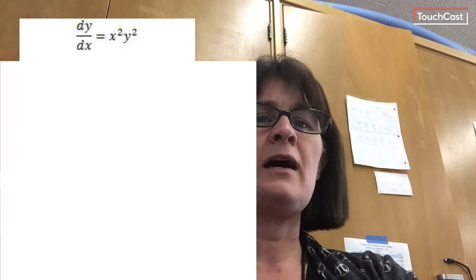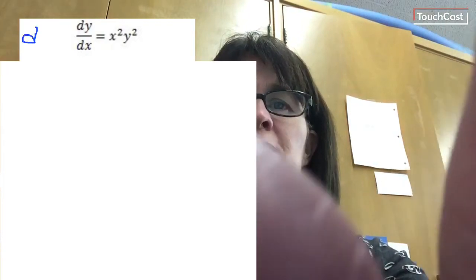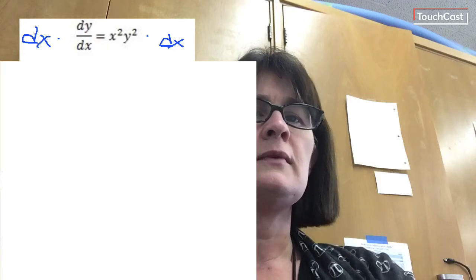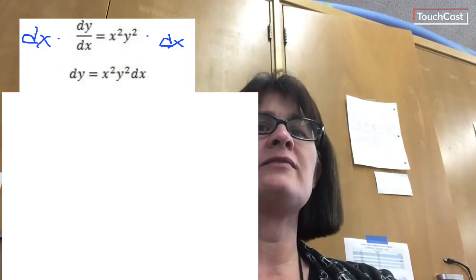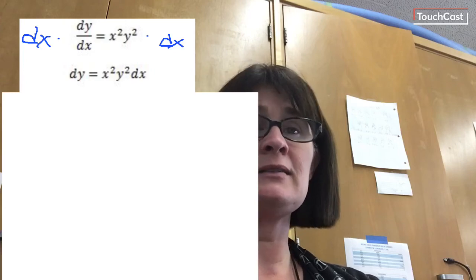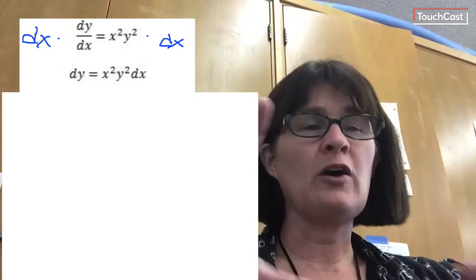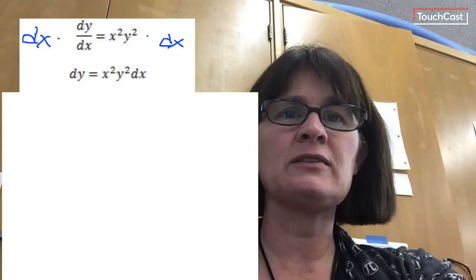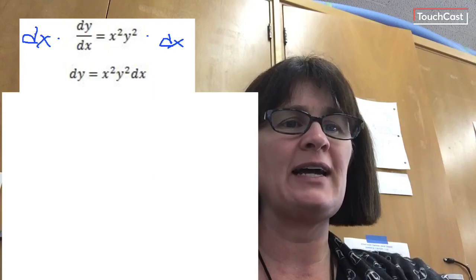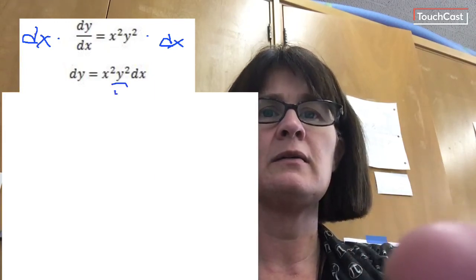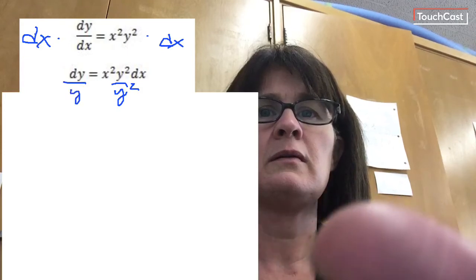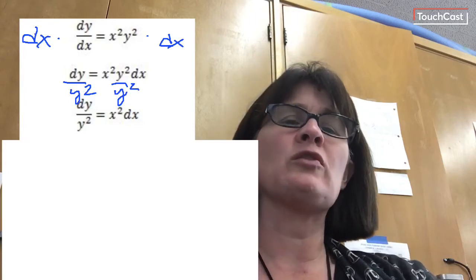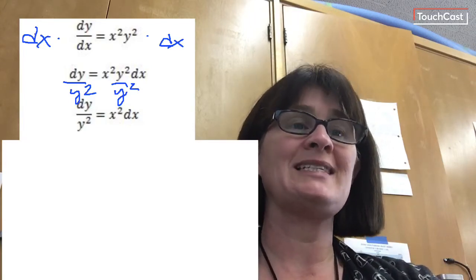So I multiply both sides by dx, and then I have dy is equal to x squared y squared dx. I'm trying to get all my y's and dy's on the left-hand side, but I see I have this y squared term over here, so I'm going to divide both sides by y squared. So now I've got dy over y squared equals x squared dx.